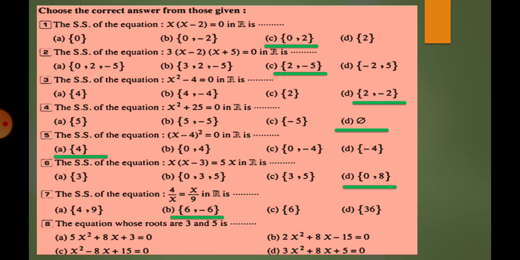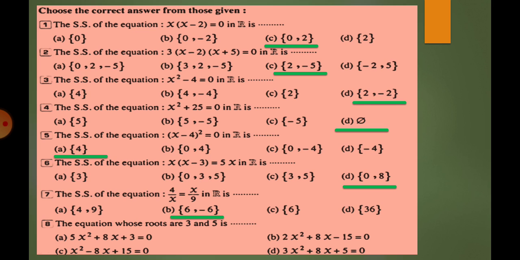The equation whose roots are 3 and 5 is... If we have x plus 1 equals 0, so the root equals negative 1. If we have x minus 2 equals 0, so the root equals 2. The root is the opposite sign of the number in the bracket with x.